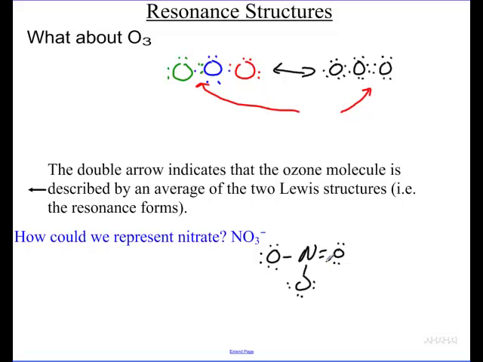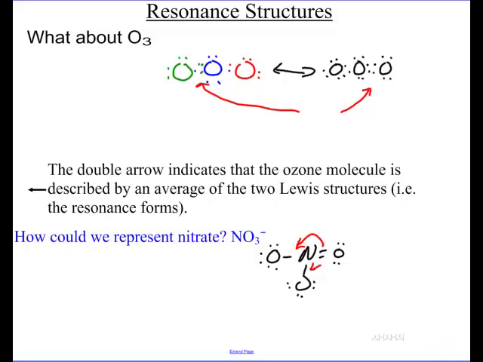Why couldn't I have drawn this double bond here or here, right? Well, in reality, it really is kind of being shared. Remember, electrons are moving around, bonds are moving around. It's a dynamic moving thing. We're drawing something in two dimensions as just a quick piece, and really that's not what's going on.